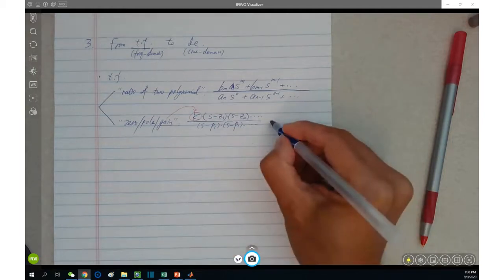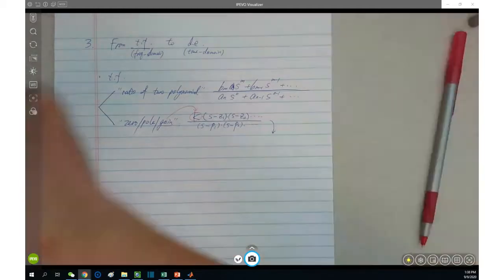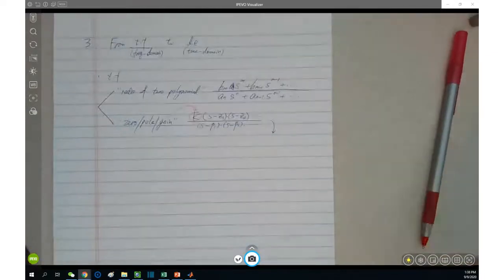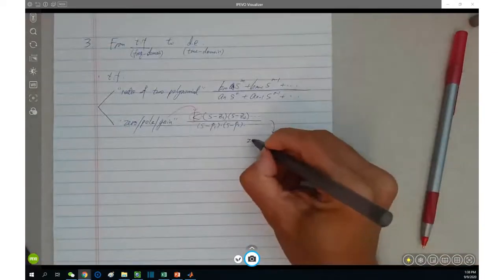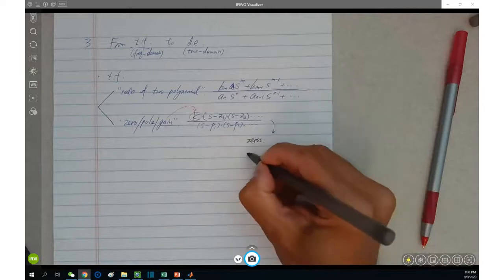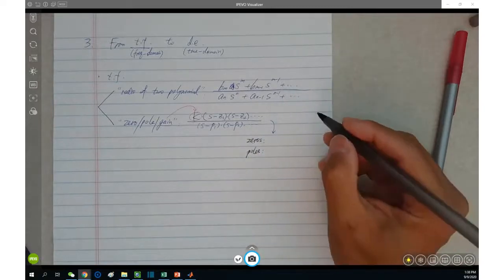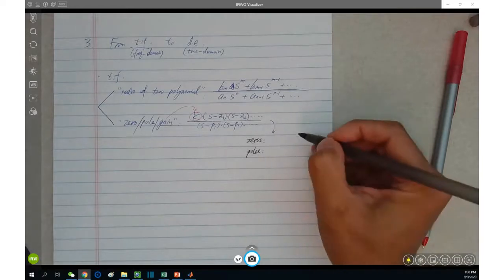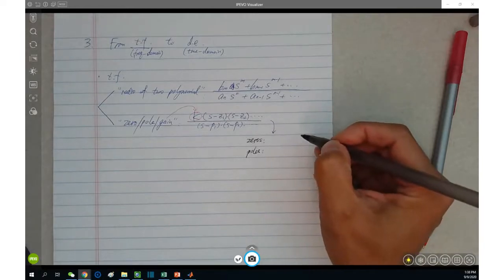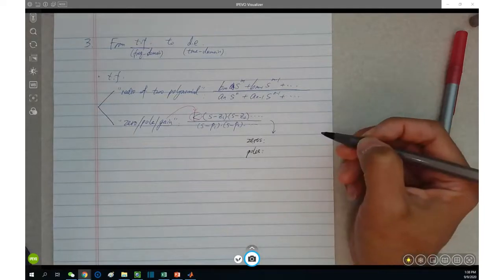From here, what we can tell is this. We call the roots of the numerator zeros. We call the roots of the denominator poles.